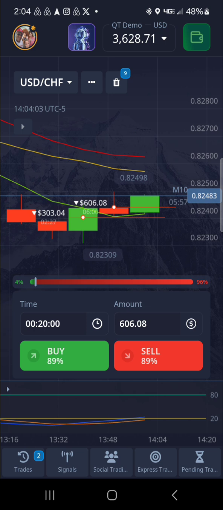So let's see what happens. Definitely not going my way right now. This is pretty wild. This candle is pumping up like this.